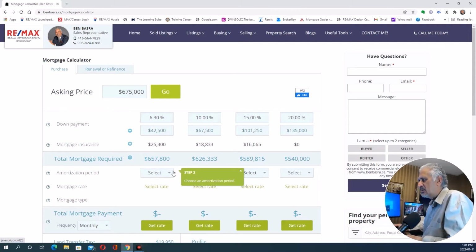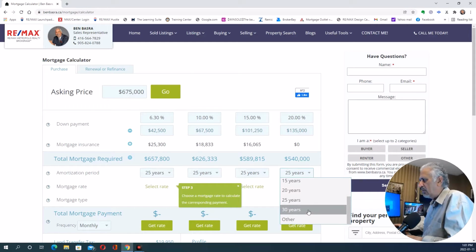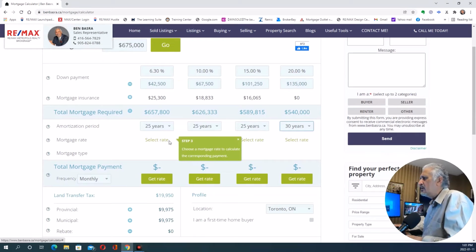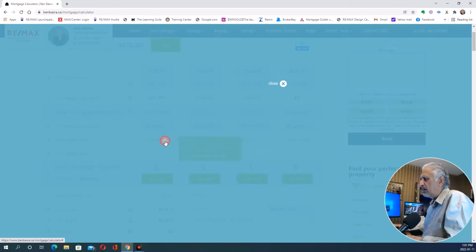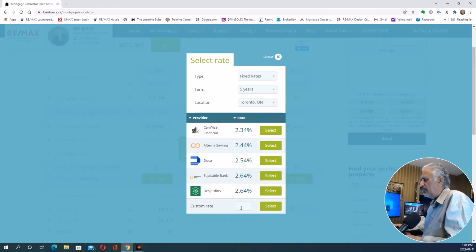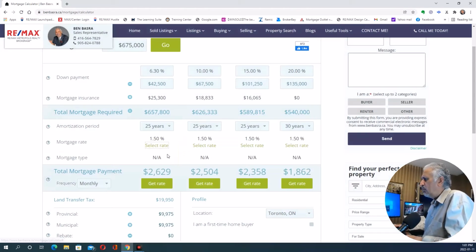So here's the amortization period. When you're putting less than 20%, you can go only up to 25 years amortization. With 20% down, you can go up to, I think, easily 30 years amortization. And here you can pick the rate, what sort of interest rate you're getting. Let's say you're getting 1.5% for this scenario.